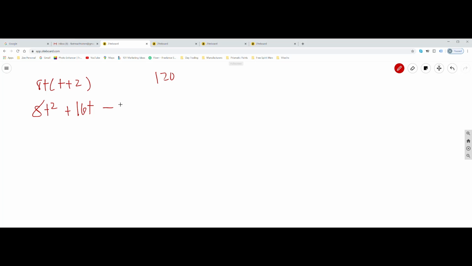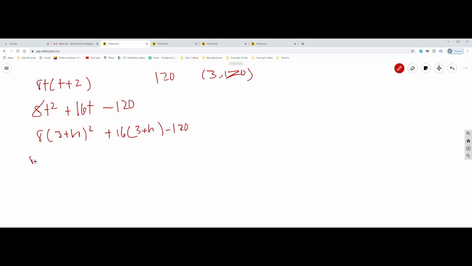So you have to do minus 120, and then now it's 3, right? We're going to substitute the t's as 3 plus h: 8(3 plus h) squared plus 16(3 plus h) minus 120.